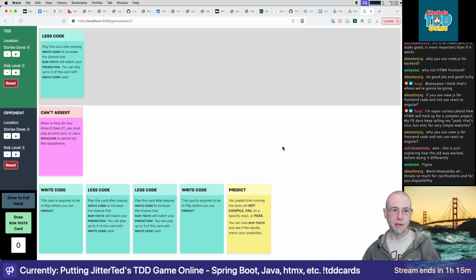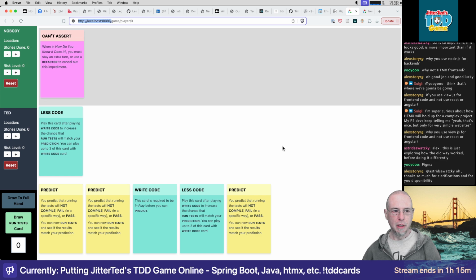So this is the opponent's view. This is my view.